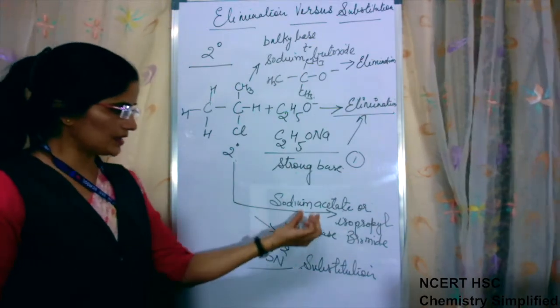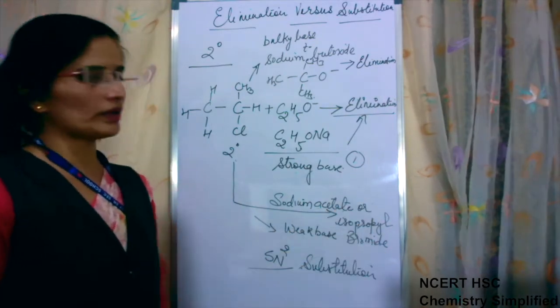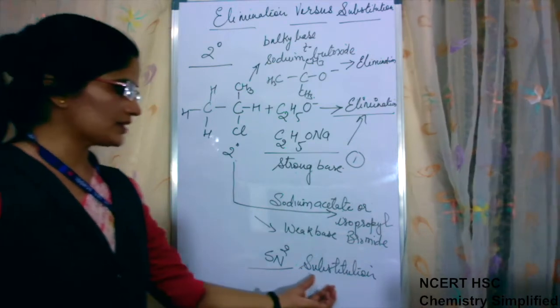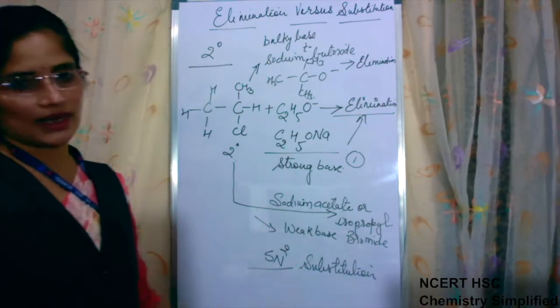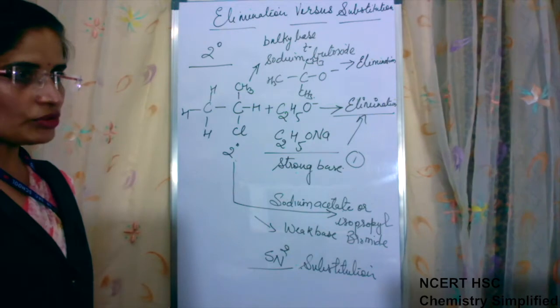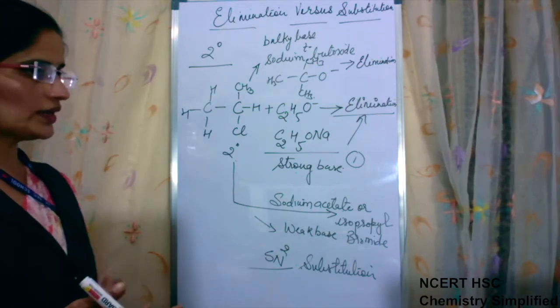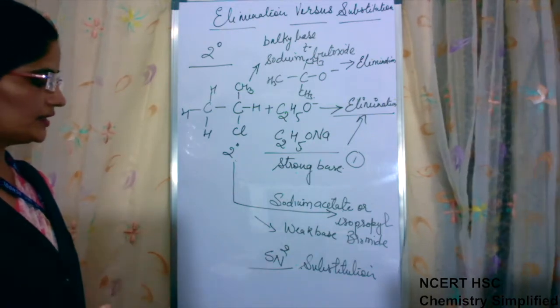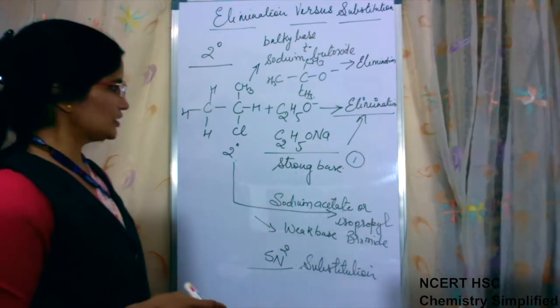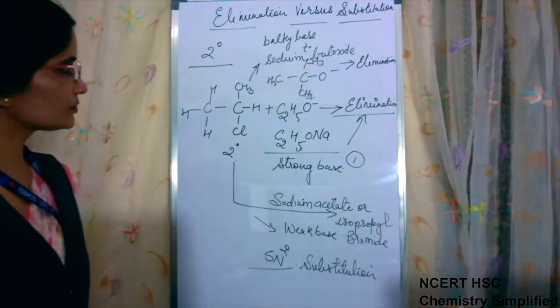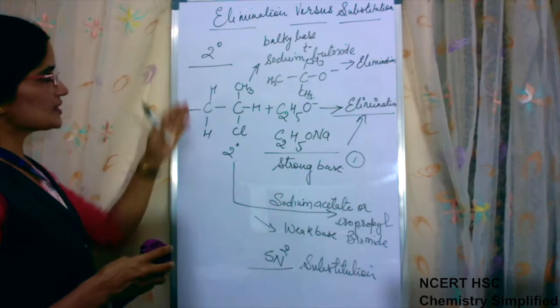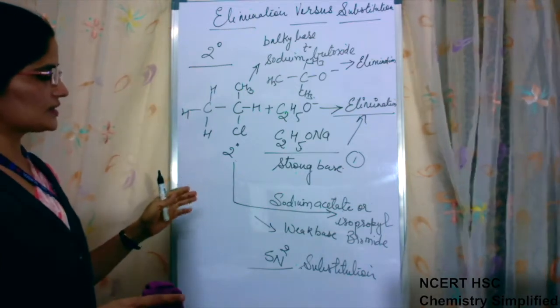And if a weak base like sodium acetate or isopropyl bromide is written, then it will be a substitution with SN2 mechanism. Mechanism you need not write, but you should know whether it will be SN1 or SN2. So this is about 2 degree, all conditions.